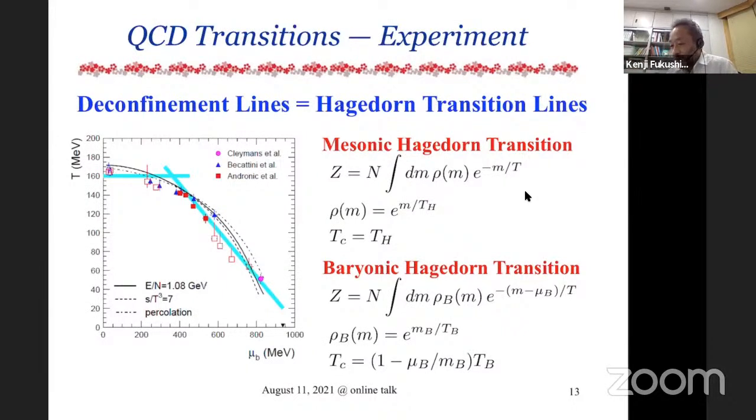But if this spectrum grows exponentially, and if this exponential rate is greater than the Boltzmann suppression factor, then this integration diverges, which means that if the temperature becomes larger and larger, then the Boltzmann suppression factor cannot overcome this exponentially growing Hagedorn spectrum. And eventually, the thermodynamics breaks down.